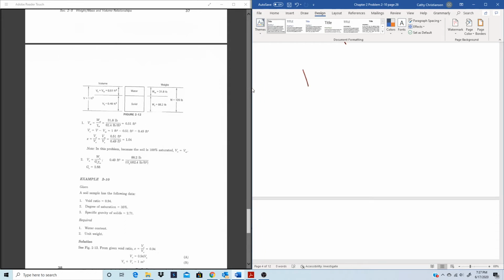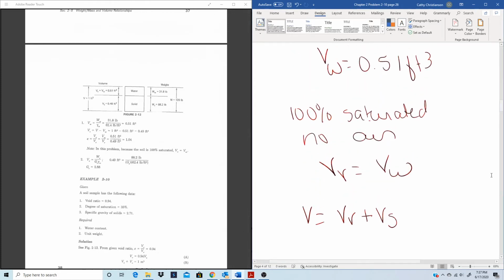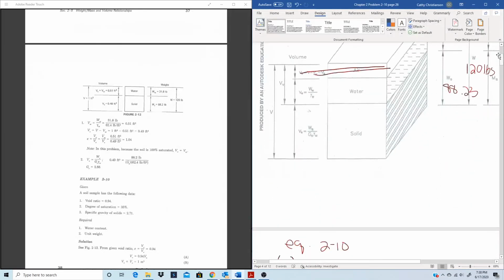Knowing that, I can look at my formula. The volume equals the volume of the voids plus the volume of solids. I'm going to put my 0.51 up in the top. So right there, this is 0.51.